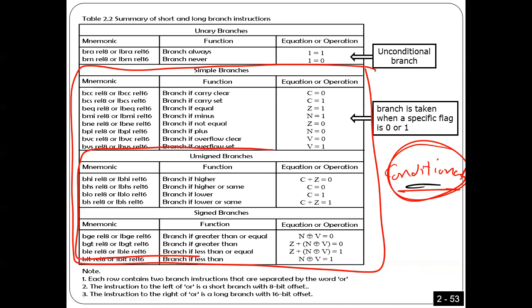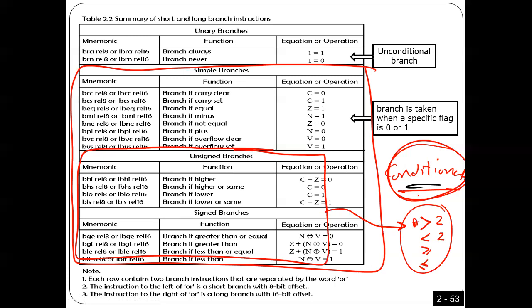These two tables here are used if you want to make a condition like this one: something greater, for example, A is greater than 2, less than 2, greater than or equal, less than or equal. If A or a memory location or register X or register D, I'm just giving examples.